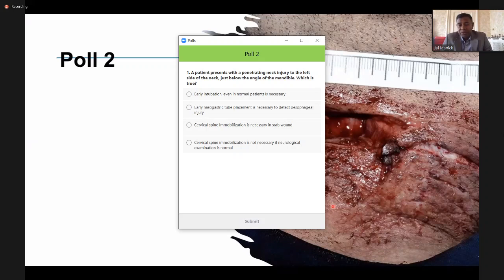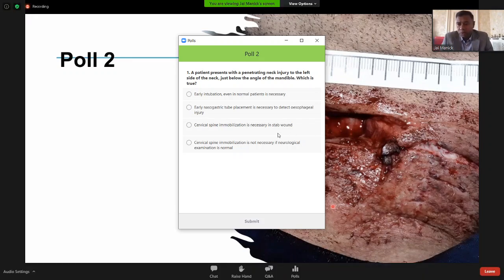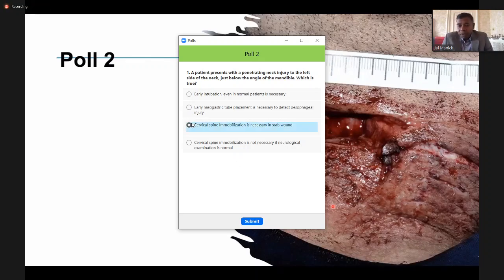The question is mainly to assess what we are going to do first, A, B, C, D. Do we need to immobilize the C-spine? That's what we normally do. But this is a penetrating neck injury. We'll wait for the answer.